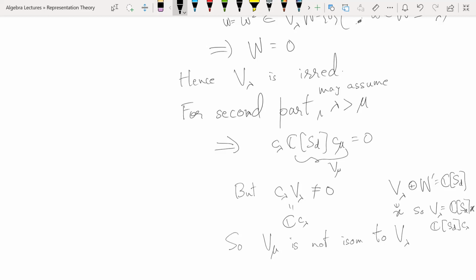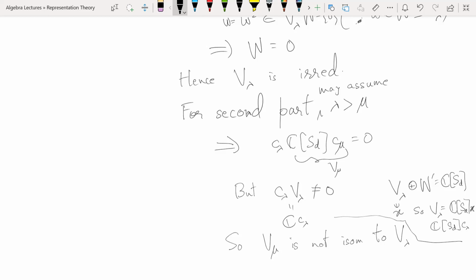That tells you that X and C lambda are scalar multiples of each other. But C lambda is non-zero. If C lambda V lambda happens to be 0, then X must be 0. Since X is not 0, and C lambda is not 0, that tells you that C lambda V lambda is non-zero.